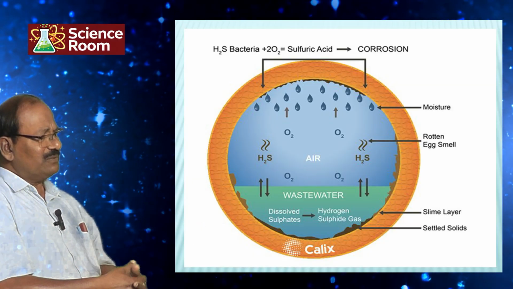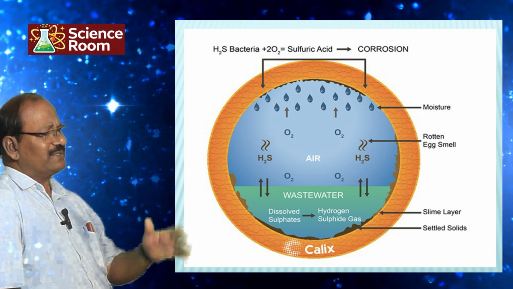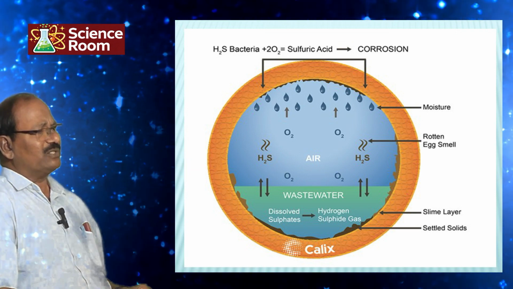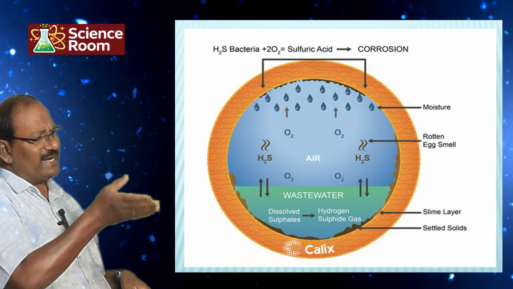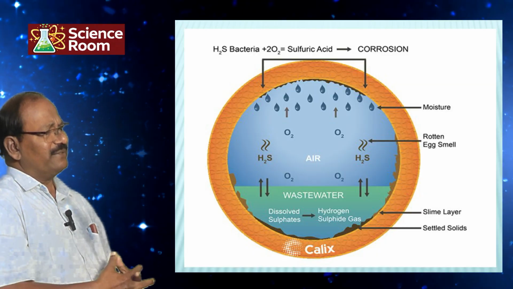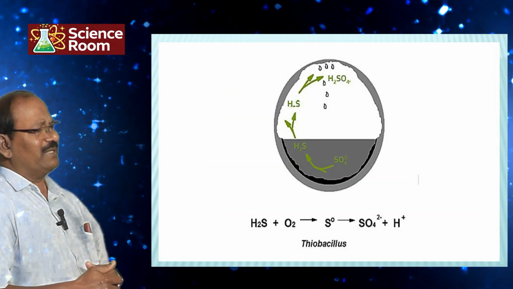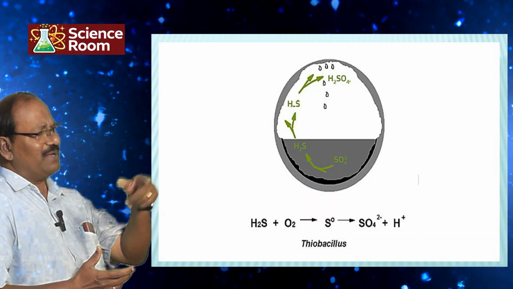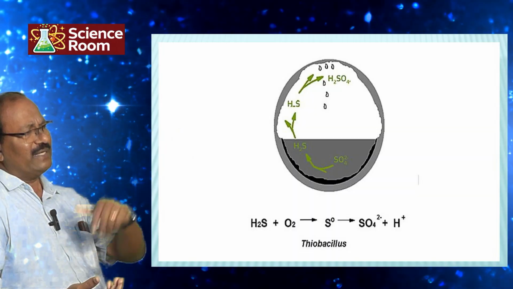And then it becomes H2SO4, sulfuric acid. That sulfuric acid is highly corrosive and causes deterioration. You can see the drainage pipe inside, circular, at the top can be deteriorated because of the H2SO4. H2S is converted into H2SO4 in the presence of oxygen.